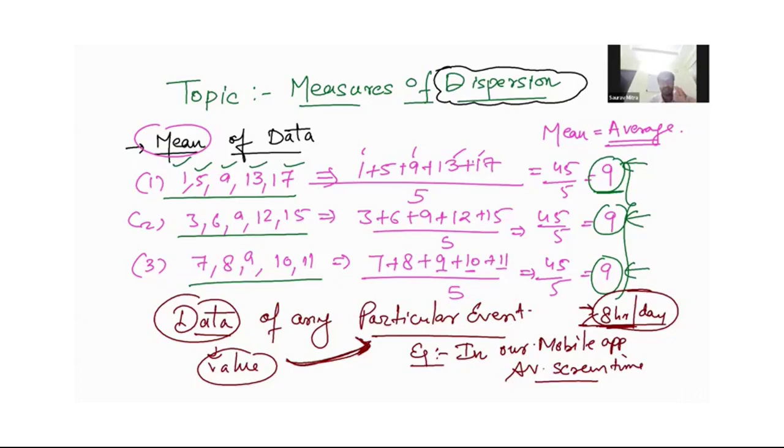Each day's value is revolving around 8 hours. So by that single value, we can estimate that our daily usage must be around 8 hours, and analyze our daily consumption.